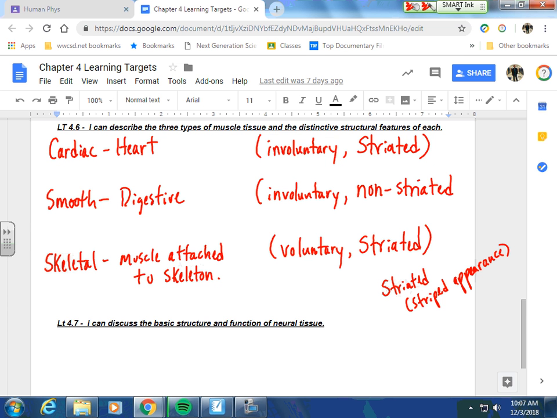Is it voluntary or involuntary? Voluntary. Now I know it's skeletal. Okay? Is it striated? No. Oh, must be smooth muscle then. All right. Is it involuntary? If it's involuntary, well, it's either cardiac or smooth. Okay, and then we say it's striated also. Oh, cardiac. All right.